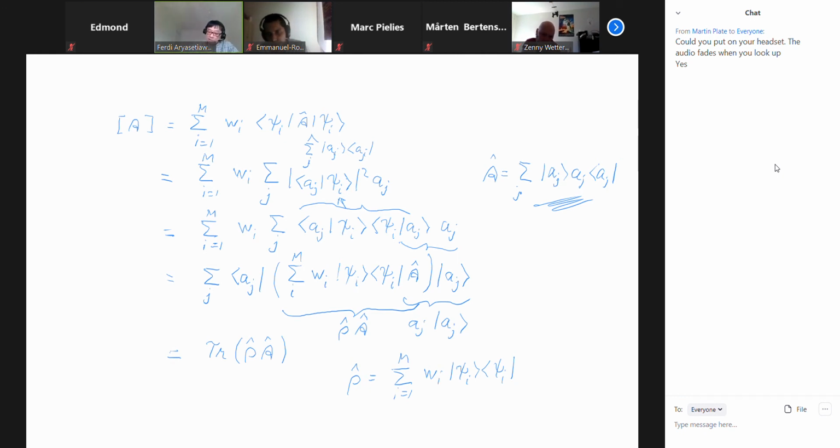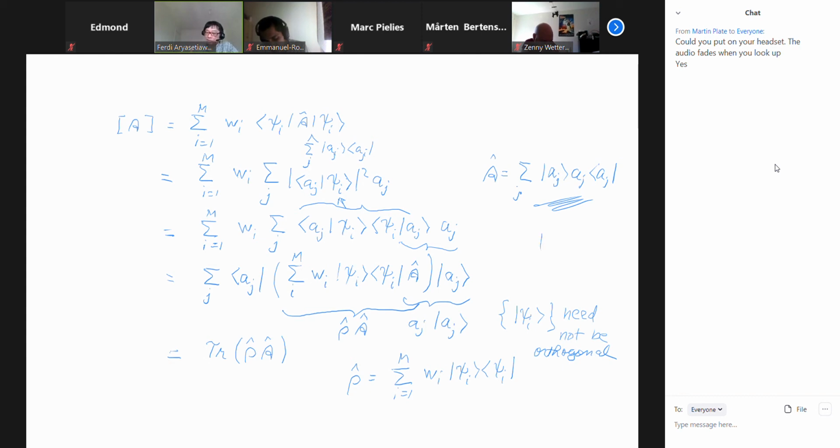So one important point about this density operator is that the states psi, so psi I, need not be orthogonal. If we take an example of a spin half particle, I could have any state.